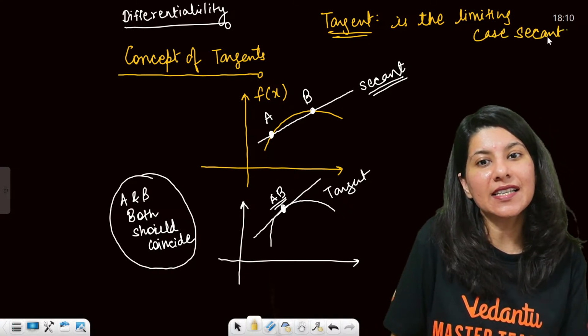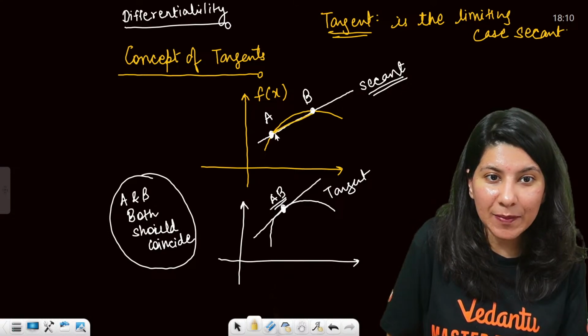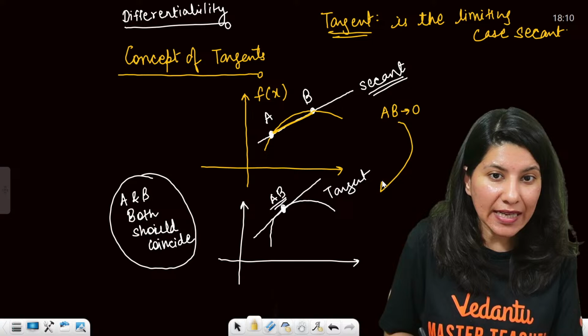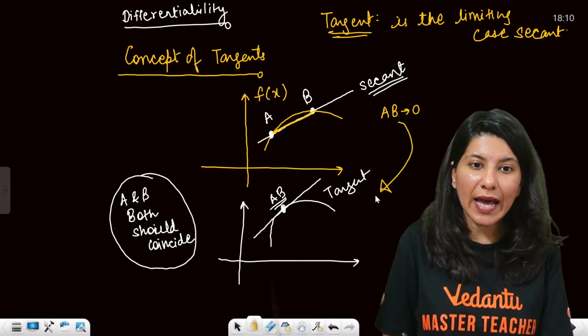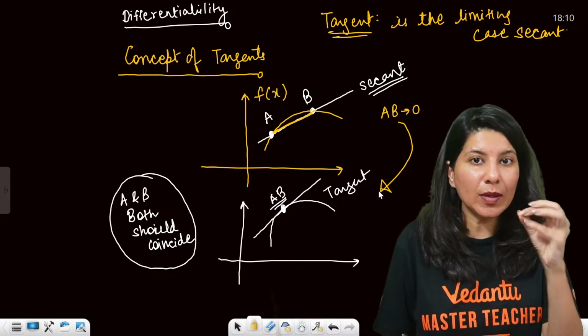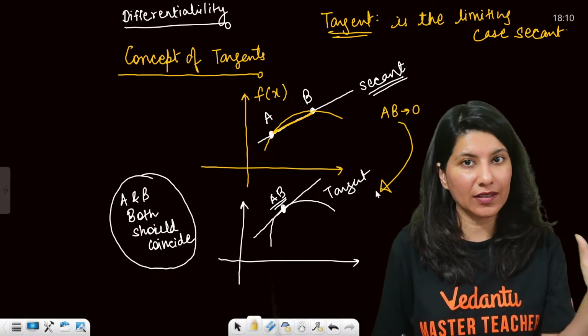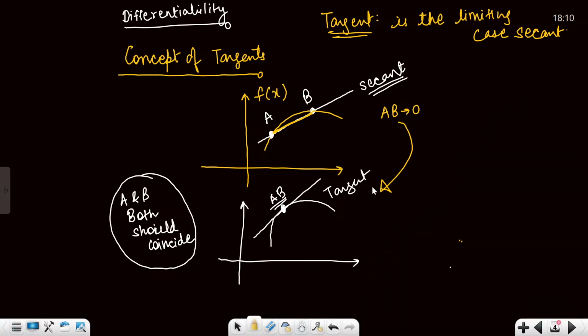Limiting case means that this AB length should be tending towards 0. The moment the AB length tends towards 0, what will happen? Your secant will become a tangent and it will touch your curve at a single point. This is what we know about tangent. Let me know if you have understood this nicely, okay?